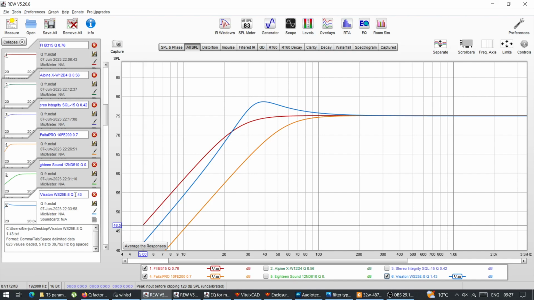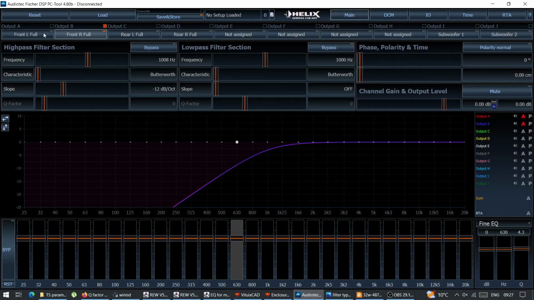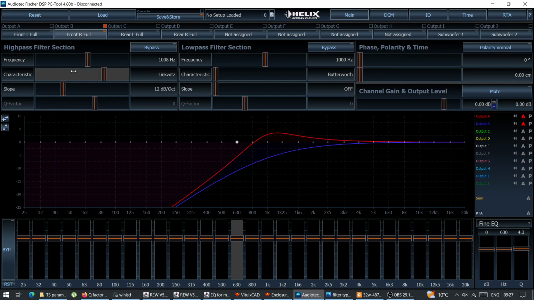So this is 1.4. If I go to this one and go to predefined, with this I can get 1.4. So see, Q 1.4. It would act as this crossover, but it doesn't have a name. Butterworth, as you see, goes up to 1. Chebyshev is 1. And there's no predefined crossover at a Q of 1.4.